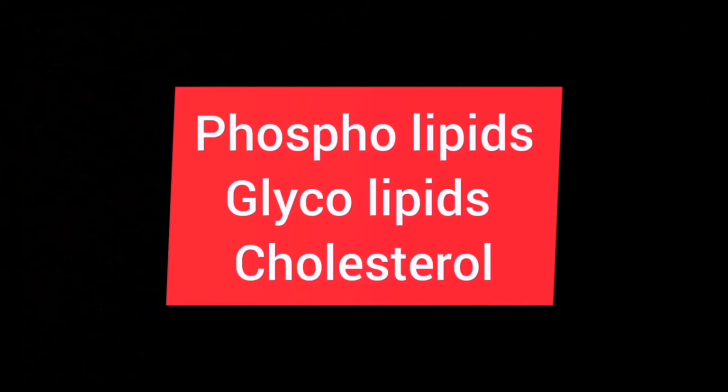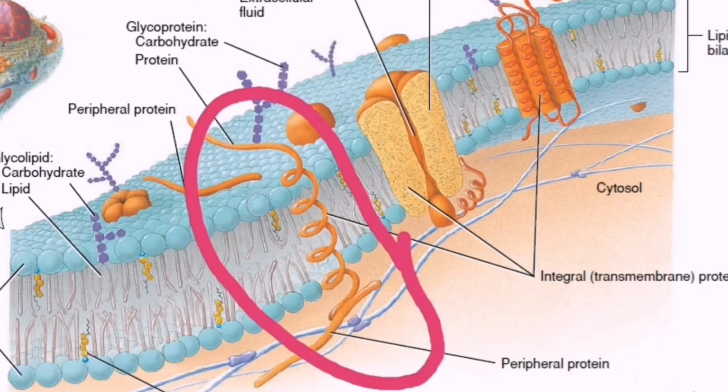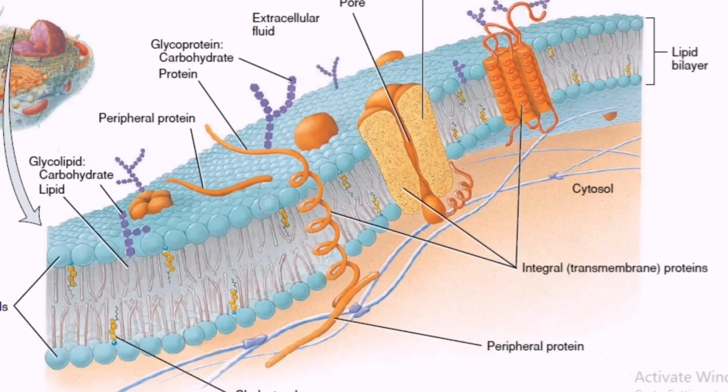These lipids include phospholipid, glycolipid and cholesterol. Next is protein. They are arranged in between these lipid molecules like a mosaic flooring. You can see in this picture. Okay, the structure of the plasma membrane, that is lipid bilayer with protein, is called the fluid mosaic model.